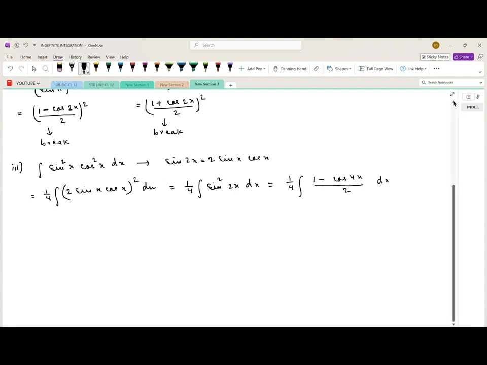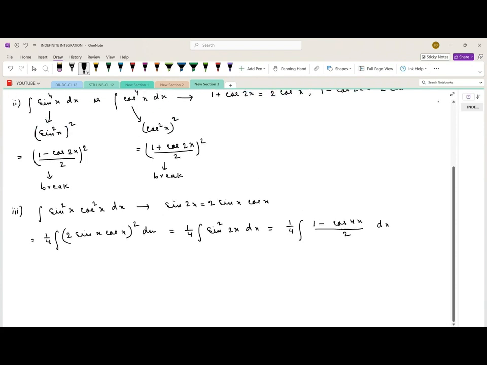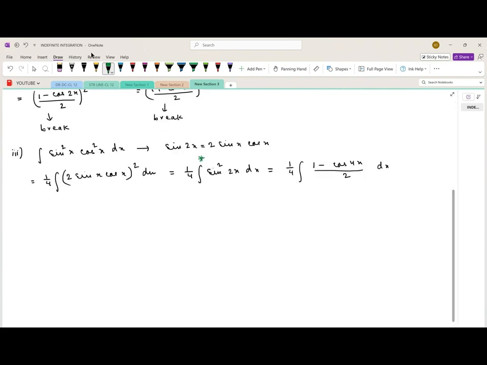You are using the same technique here, where you are replacing sine square x by this formula. So this is the third type.